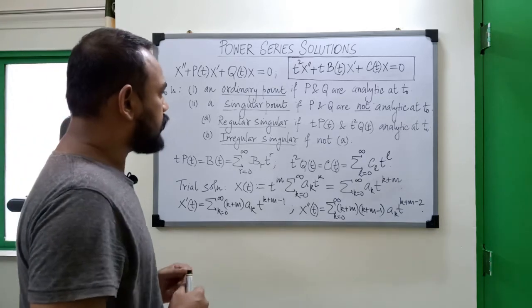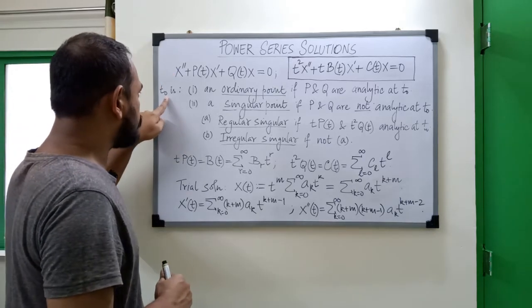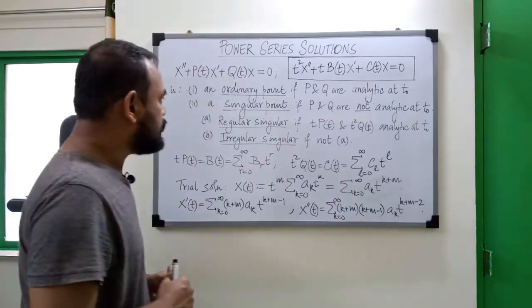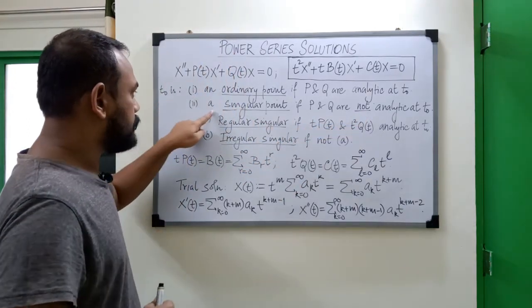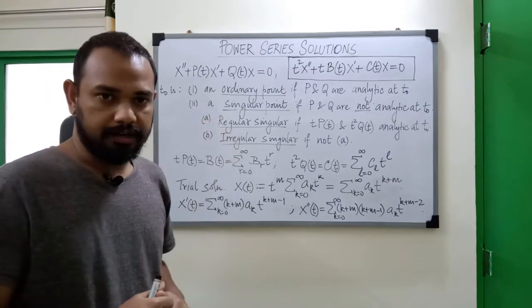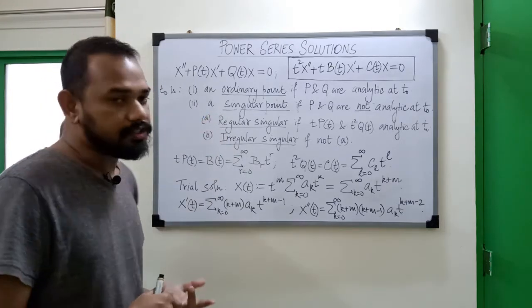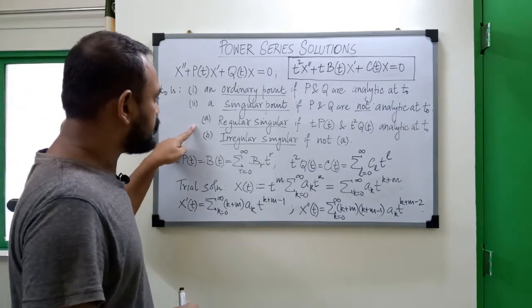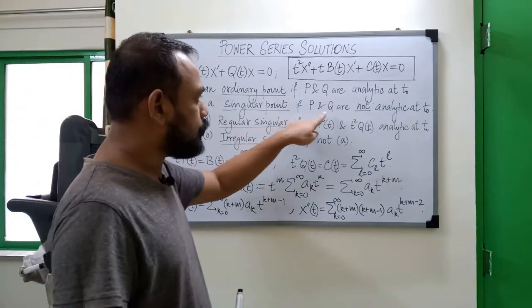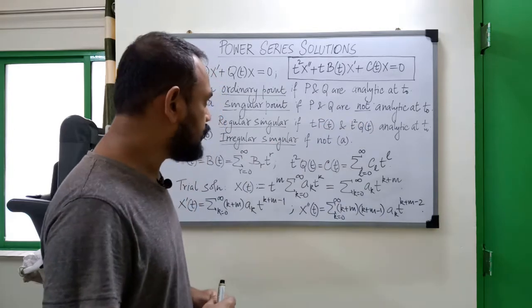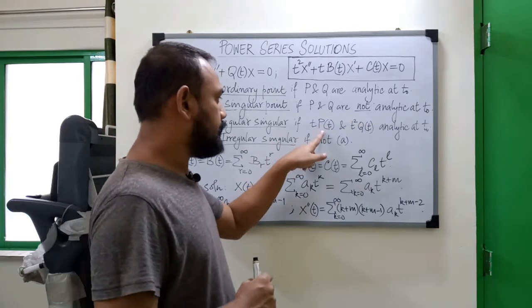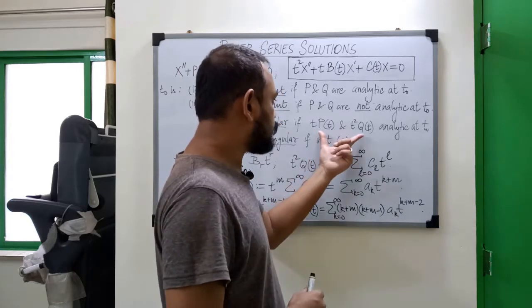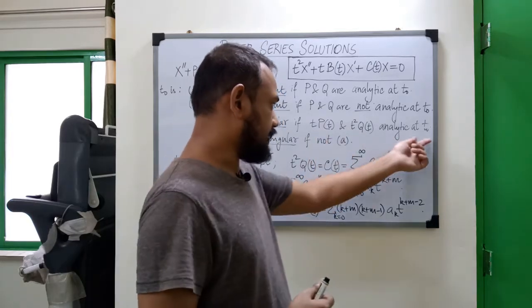We are going to look at something new today. Suppose t0 is a point where P and Q are not analytic. In that case, t0 would be called a singular point. But there are two kinds of singular points. One is a regular singular point, where even though P and Q are not analytic at t0, if you multiply P by t and Q by t squared, these two new functions become analytic at t0.